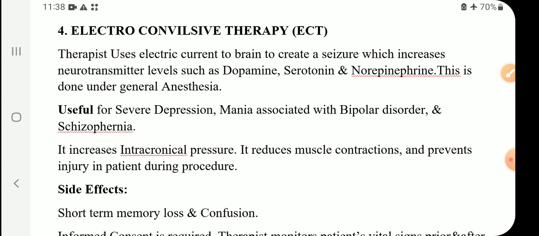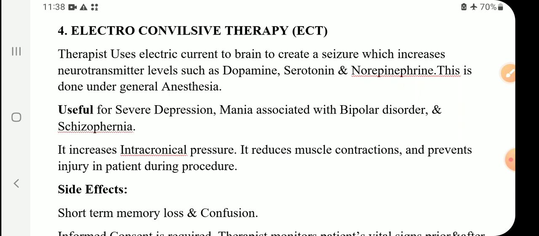And this ECT therapy is useful if the patient has severe depression and bipolar disorder, etc. If it is normal depression, the earlier therapies, whatever I told you, those the therapists will give.